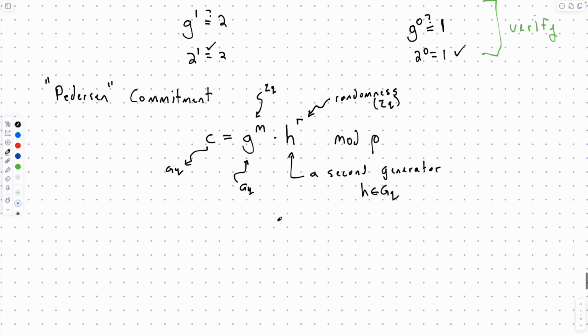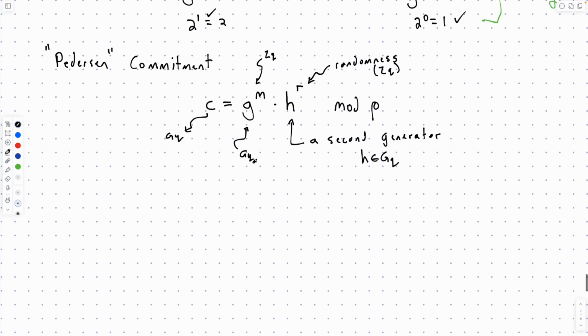Okay, all right, let's think about whether this is hiding and whether this is binding. Actually, before we do that, let me specify. I didn't fully specify it.